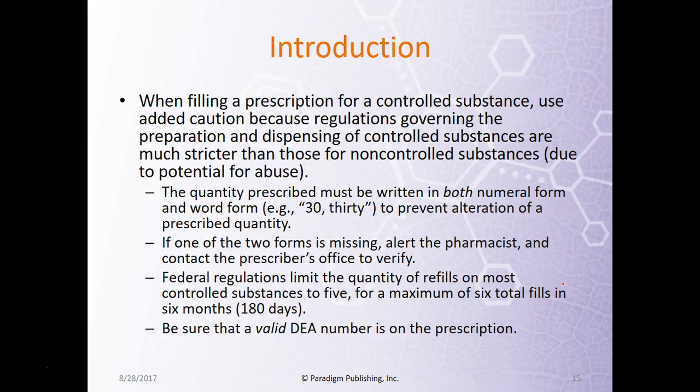If one of the two forms is missing, let the pharmacist know and contact the prescriber's office to verify. Federal guidelines limit the quantity of refills on most controlled substances to 5, for a maximum total of 6 fills in 6 months or 180 days. Be sure that a valid DEA number is on the prescription, which now we know how to validate.